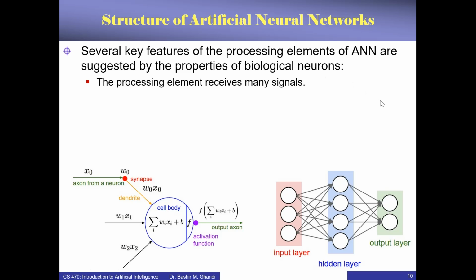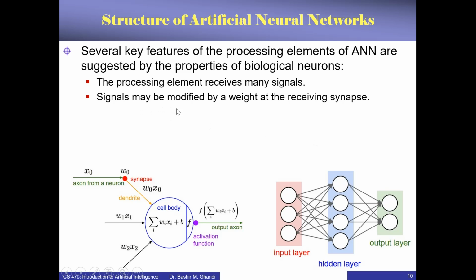We saw that an artificial neuron has a processing element, and the processing element receives many signals through these input lines that you are seeing, just like biological neurons receive signals from neighboring neurons through their dendrites. The second similarity is that signals may be modified by a weight at the receiving synapse.